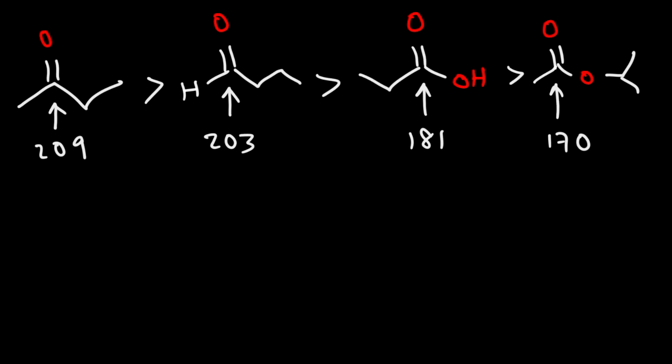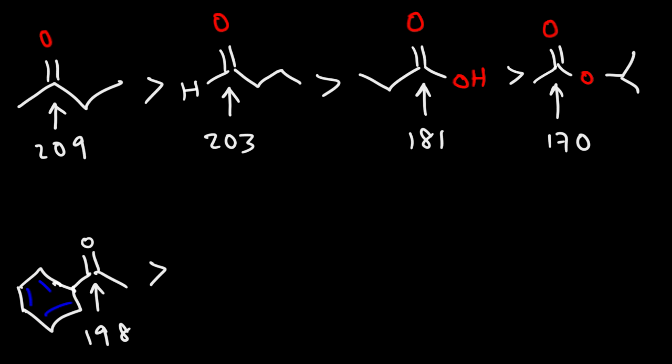Now, something interesting happens if you attach, let's say, a benzene ring to these functional groups. So if we have a benzene ring attached to, let's say, a ketone, so this is acetophenone, notice what happens. The chemical shift decreases from 209 to about 198. And it makes sense because if you put a carbon atom next to an electron withdrawing group, the chemical shift will go up.